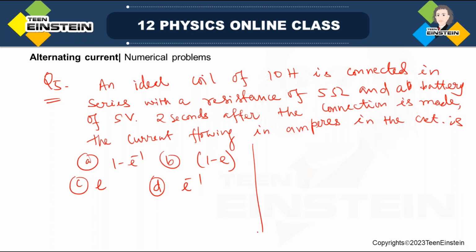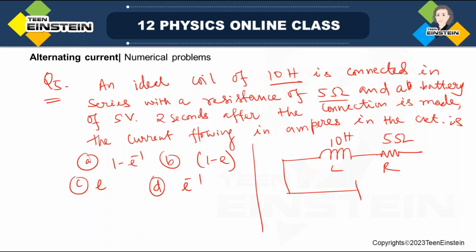So, an ideal coil in series with a resistor, that means an LR circuit. L is 10 Henry and R is 5 ohm. It is connected with a DC battery.